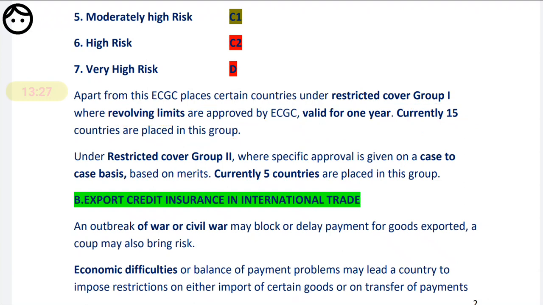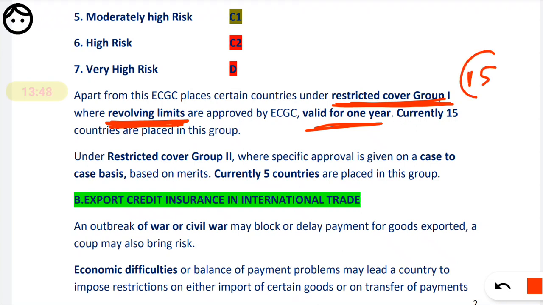So apart from this, ECGC has some groups. The very first is the restricted cover group 1 category. In this category, the limit for the insurance is on a revolving basis, and it is valid for 1 year. Currently there are 15 countries placed in the restricted cover group.